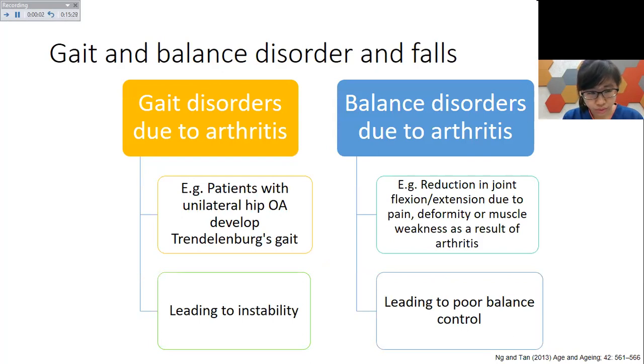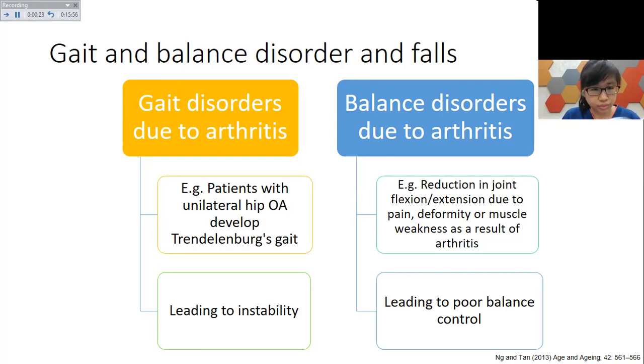Gait and balance disorders can also lead to falls. Gait disorders due to arthritis can lead to instability. An example would be a patient with osteoarthritis of the hip unilaterally and then developing Trendelenburg's gait on one side. The instability leads to the patient having a fall.